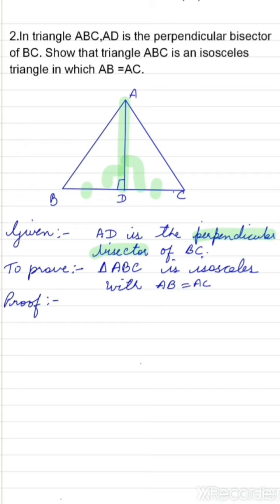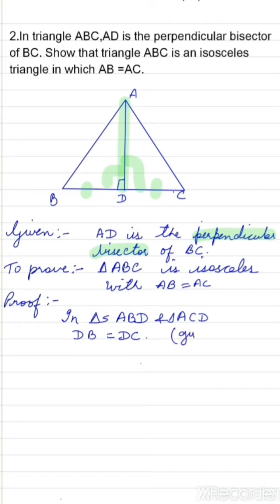First of all, we'll take the triangles ABD and triangle ACD. In these two triangles, DB is equal to DC because AD is the perpendicular bisector.